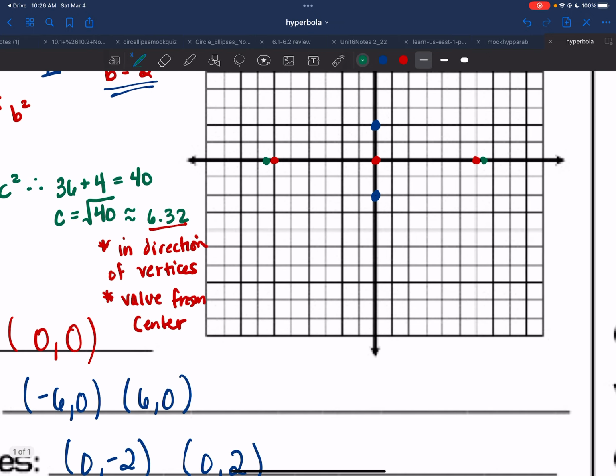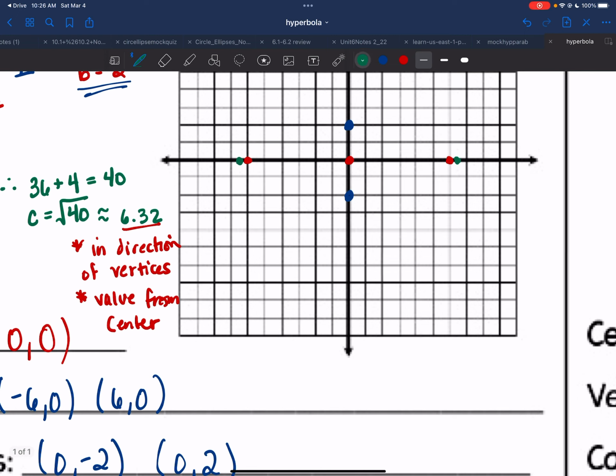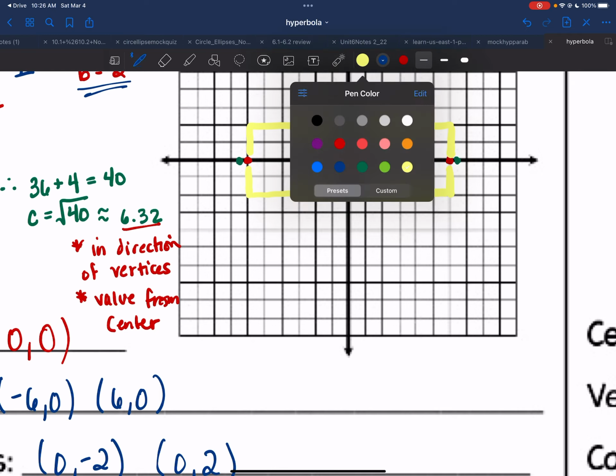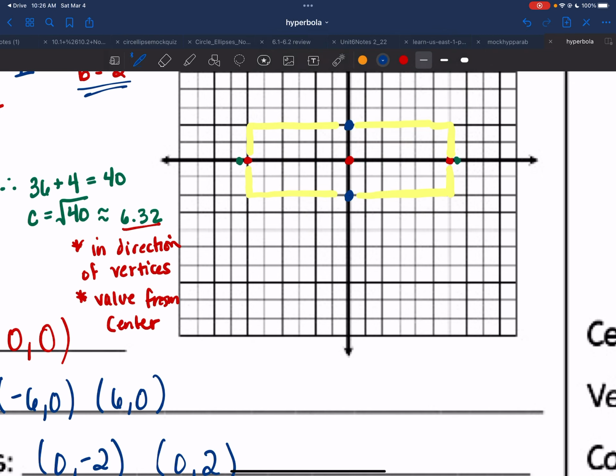All right, well, let's go ahead and graph this a little bit to see what those asymptotes look like. In fact, I'm going to use a little bit of a yellow box here. So this is going to show where my asymptotes should live. And let's see if there's an interesting color here. Let me use an orange.